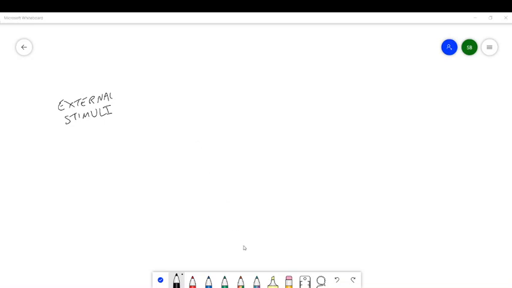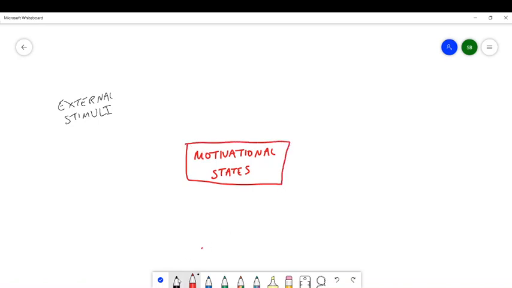And we also have a set of motivational states. These are, if you like, drives or inclinations to act. And these stimuli are feeding in to these motivational states.